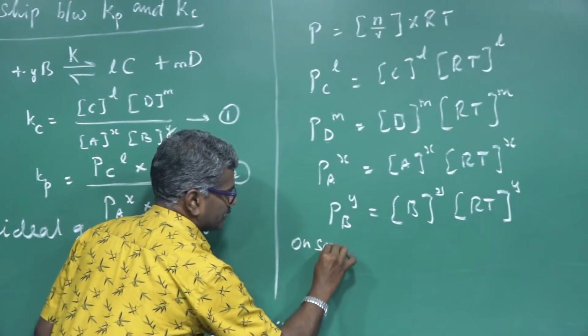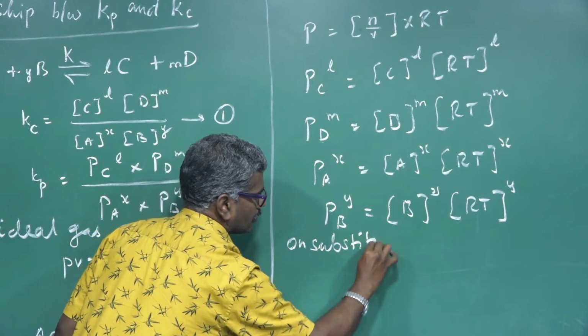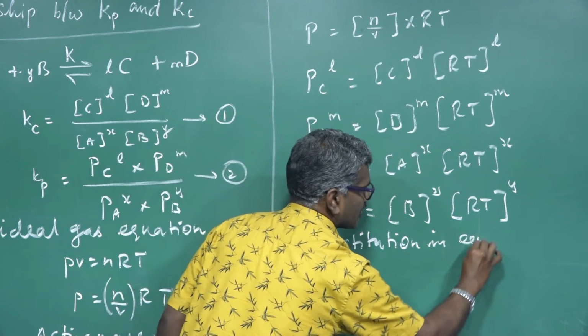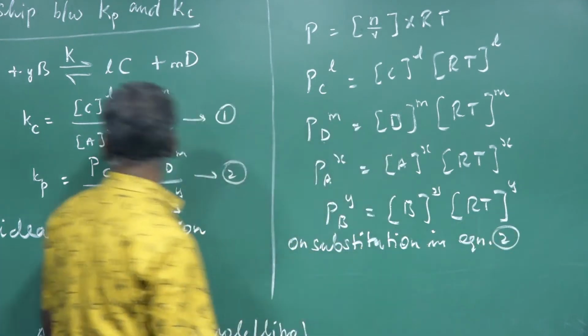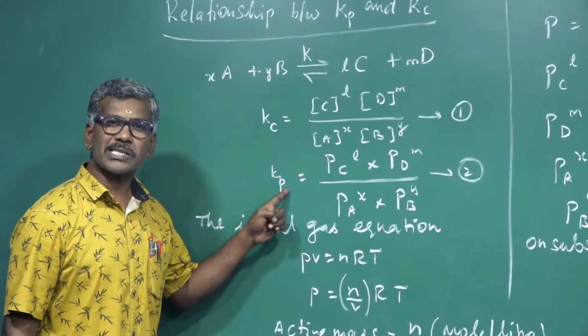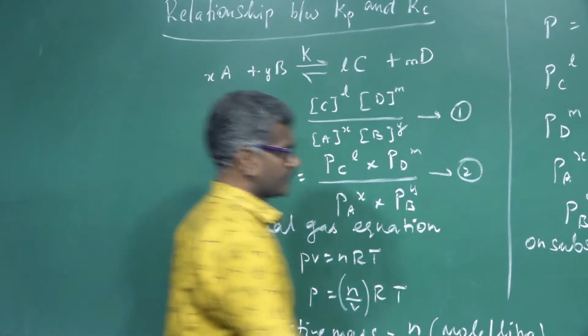On substitution in equation 2, what is equation 2? That is Kp, the equilibrium constant in terms of partial pressure.